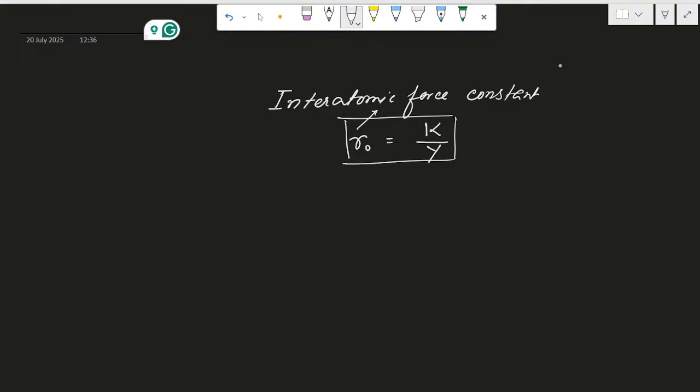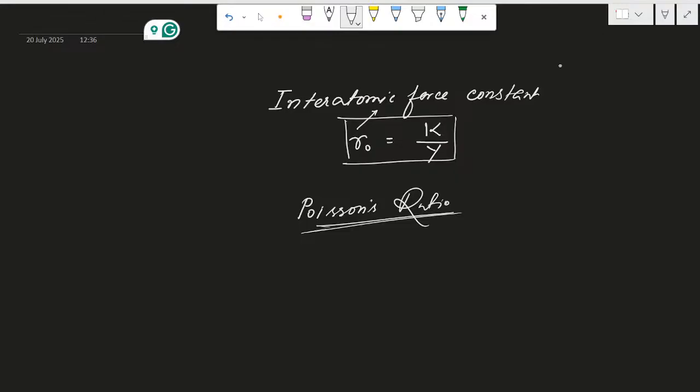Now the Poisson's ratio. Poisson's ratio is the ratio between the lateral strain and the longitudinal strain.